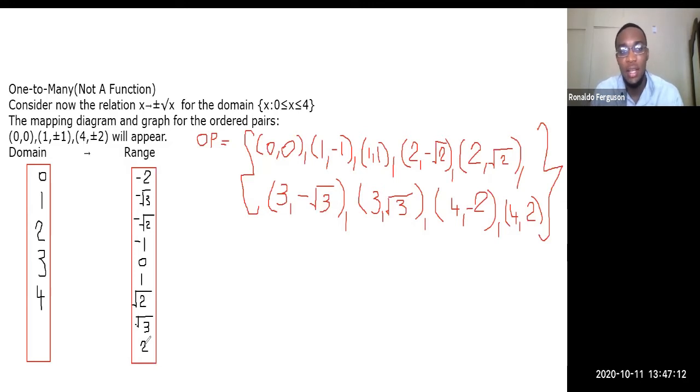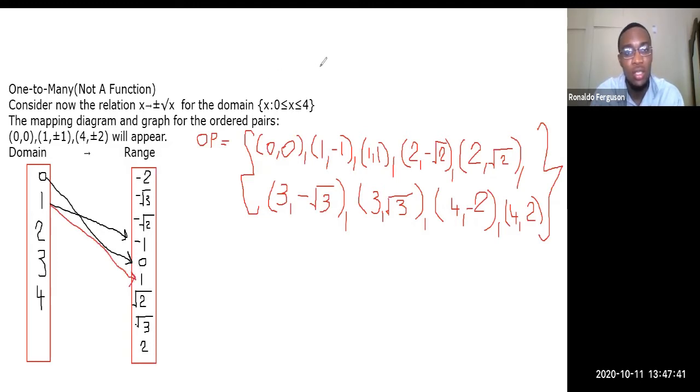And so I like to write them in ordered pairs. Now, watch what happened. 0 maps to 0, right? 1 is being mapped to -1, and 1 is also being mapped to 1. I use a different color to show that.